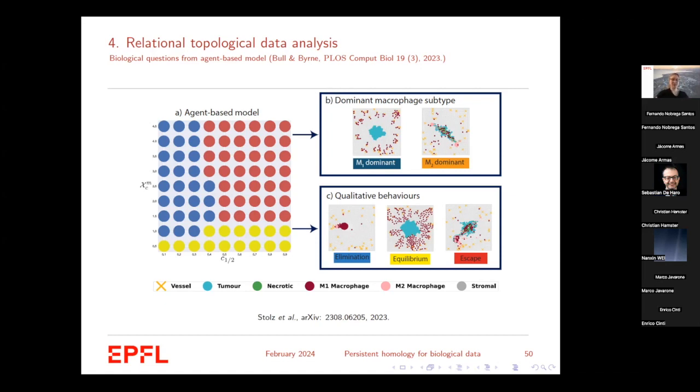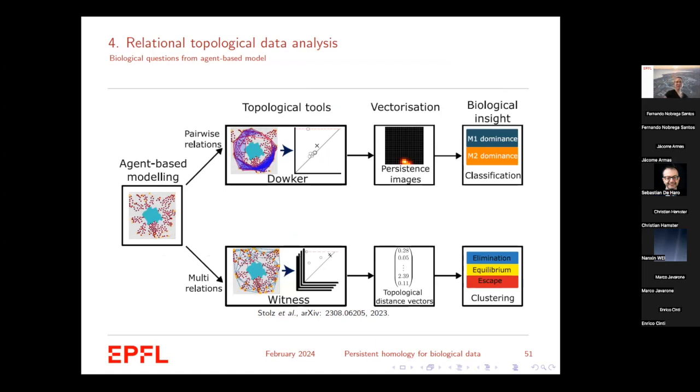questions we wanted to investigate, and we created two different topological tools. The first is based on the Dowker complex. This looks at pairwise relations and shared features in terms of the topology between them. And here we used a vectorization that emphasizes these shared features to look at the dominance of one immune cell type versus another.